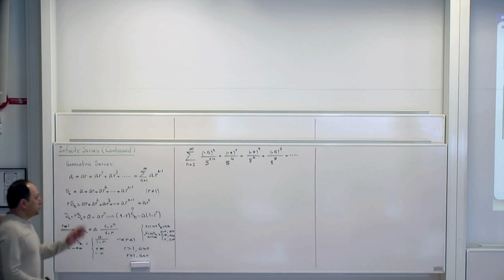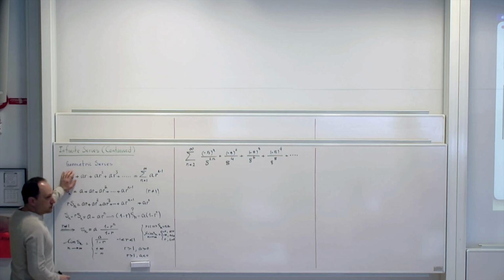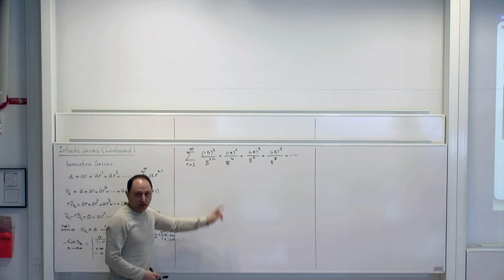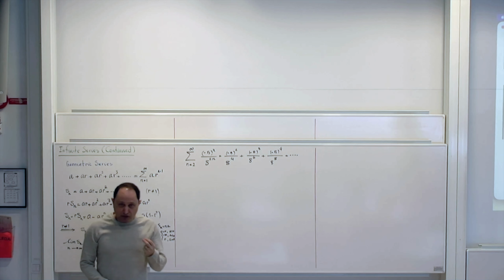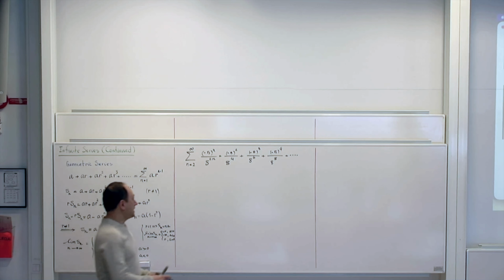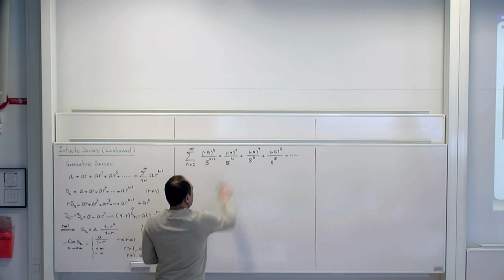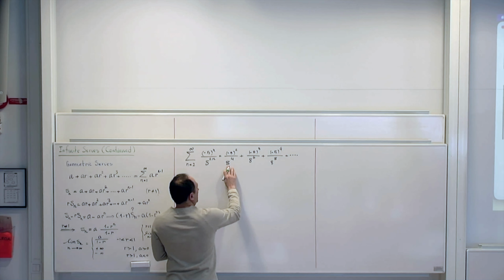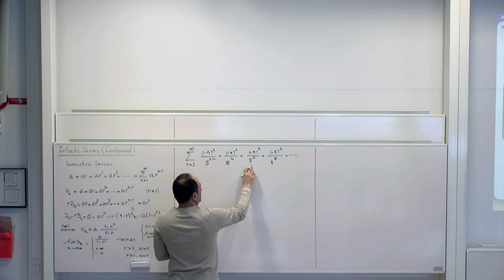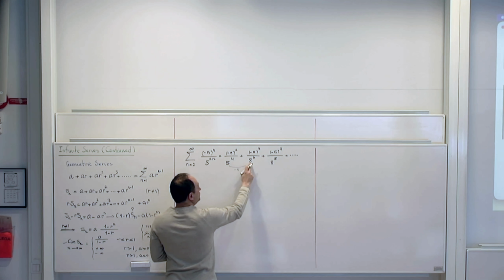Now, can you see this is a geometric sum? The geometric sum starts somewhere, but the point is that every time it should be multiplied by a fixed number. If I ask you which number is that, so that this is multiplied and gives me this one: I have to add 1 power of minus 5, so minus 5 should be multiplied, and I should add 2 powers of 8.